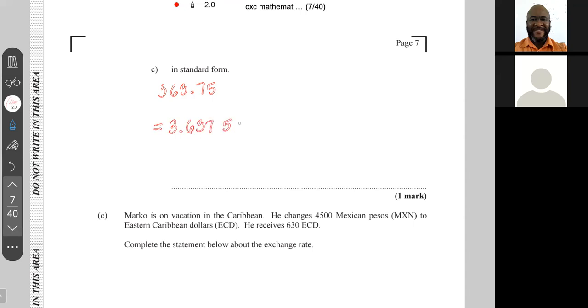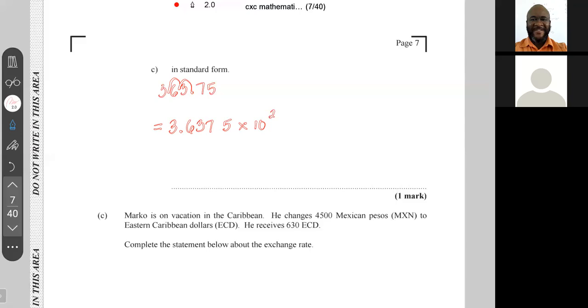So in standard form, this is 3.6375 times 10 raised to a power. The number for the power is the same as the number of times you move the decimal point to get it to its new position. Since I moved the decimal point 2 times, the power must be 2. Now, if the number I'm writing in standard form starts with a 0, the power is going to be negative.